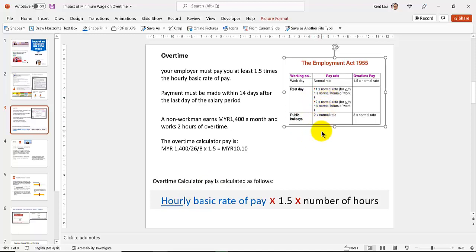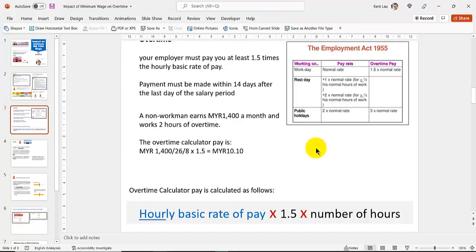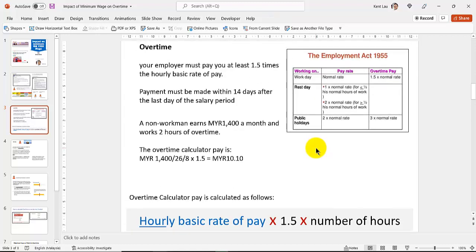If you work half of that, let's say Saturday is your rest day, and you come in and work for maybe 2 hours on Saturday, you still get paid half of your normal day pay. As for if you work more than half, more than 4 hours, then you get paid double on the rest day, on the Saturday, or maybe Sunday.